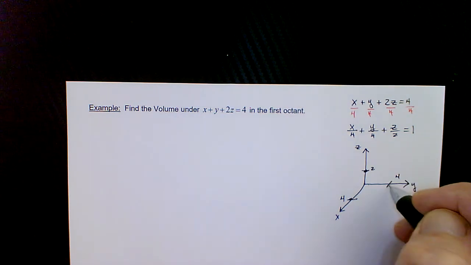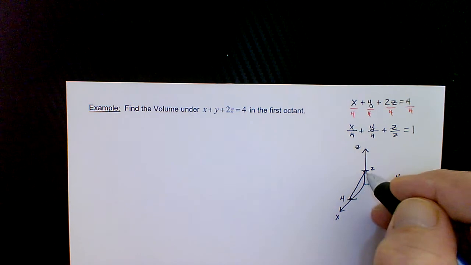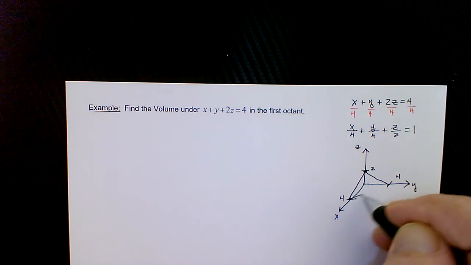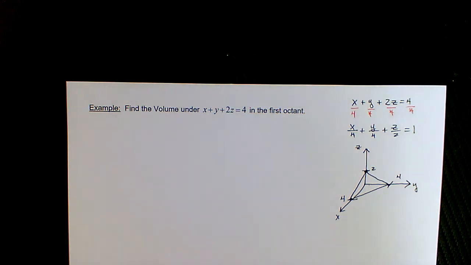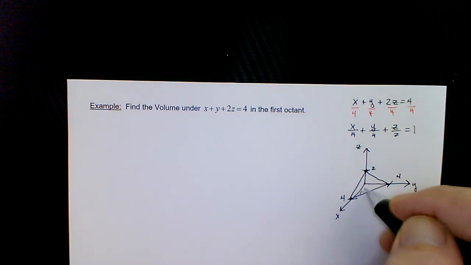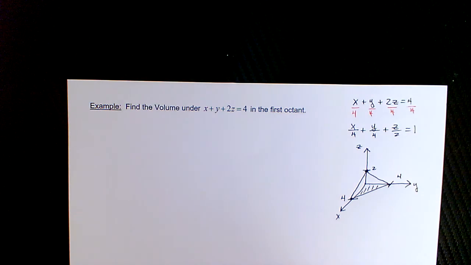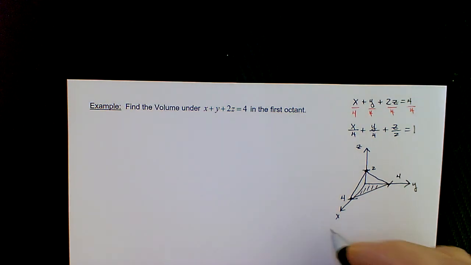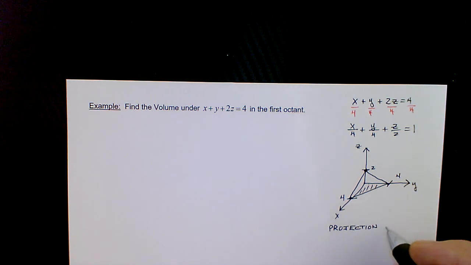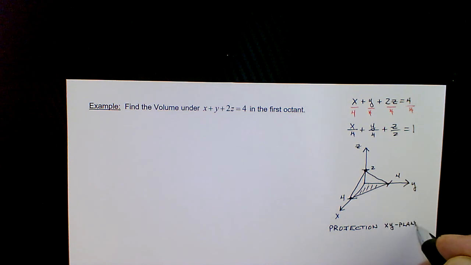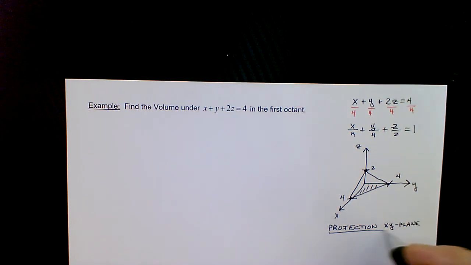And those are the intercepts, so then basically a little plane that slices like that. Alright, so that's what the sketch of it looks like, and this region here is the projection in the xy plane. And we're going to need that.